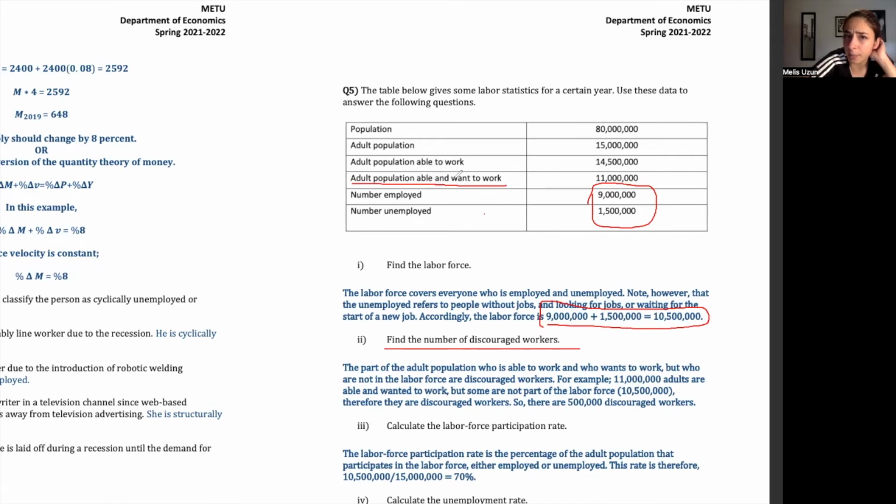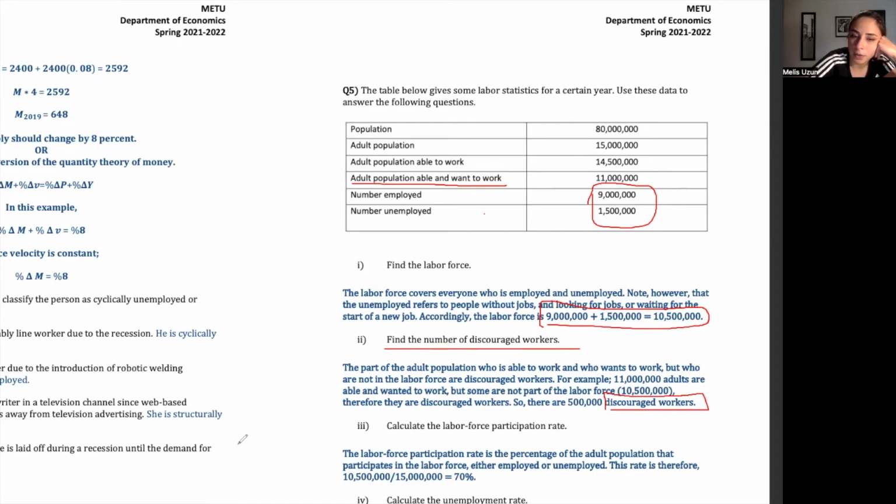In this example, the adult population able and wanting to work is 11 million, and the labor force is equal to 10,500,000. So if we subtract the labor force from the adult population able and wanting to work, we will find discouraged workers. And the third part asks us to calculate the labor force participation rate.